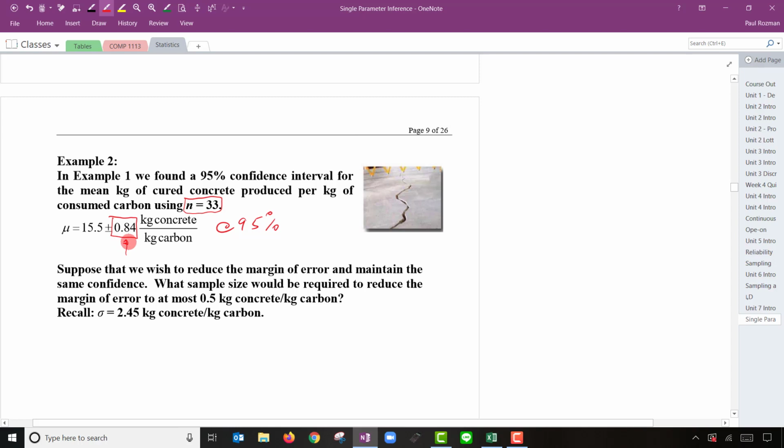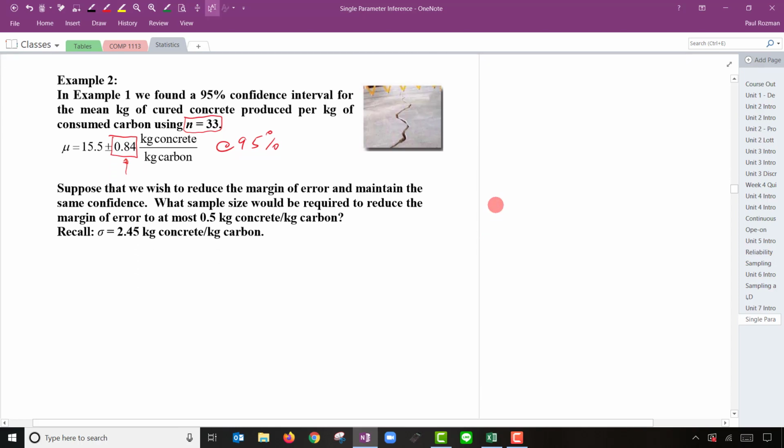So what sample should that have been? Well, we had just derived the formula. n is some z-score times sigma over the error, squared. And I said, let's make sure that our error is at most 0.5.